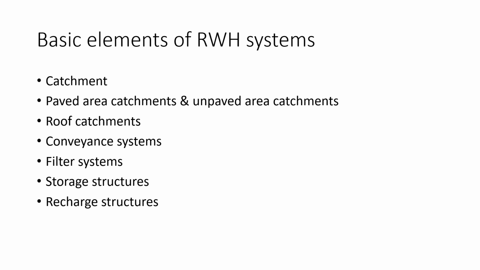Now, another element of this rainwater harvesting system is the conveyance system. Conveyance or conduit systems, which in common we call the pipe systems, which we install, direct the water flow from the catchment area to the storage area.